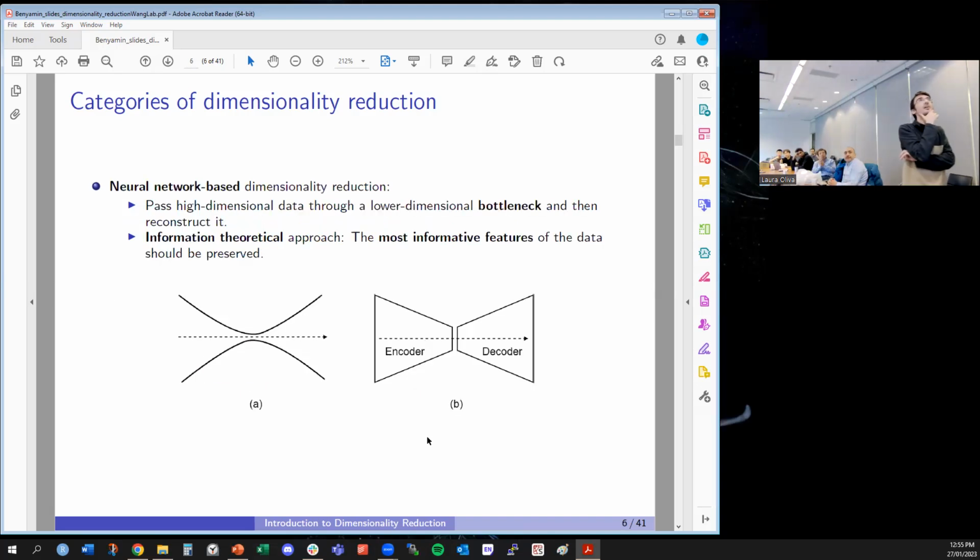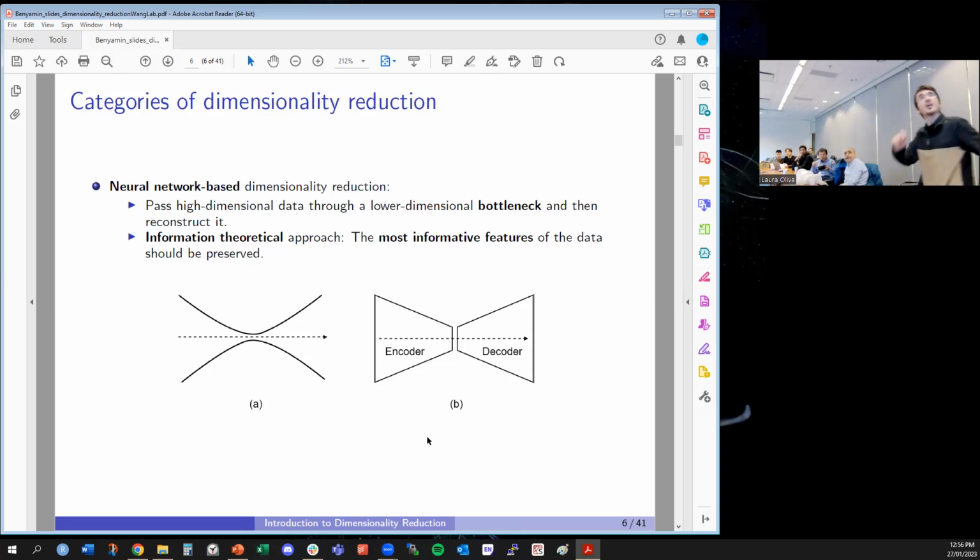Another approach is neural network-based, or deep, dimensionality reduction, and it has an information theoretic approach. You might ask how it is related. Well, you usually have an encoder and decoder, and you pass your data through a bottleneck. Initially your data has huge dimensions, but when you pass it through a bottleneck and reconstruct it, you have to preserve only the most important features.